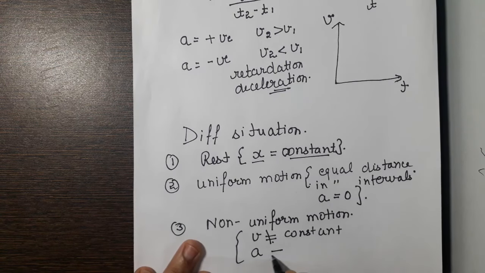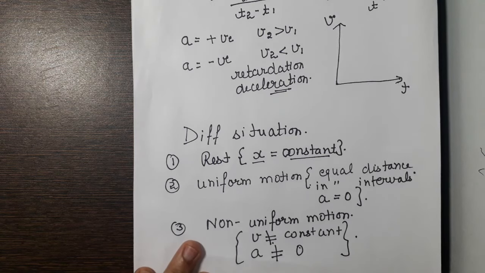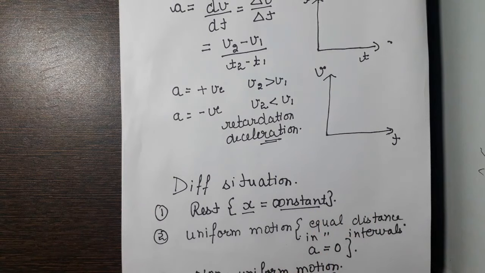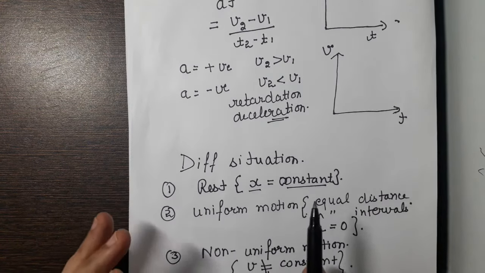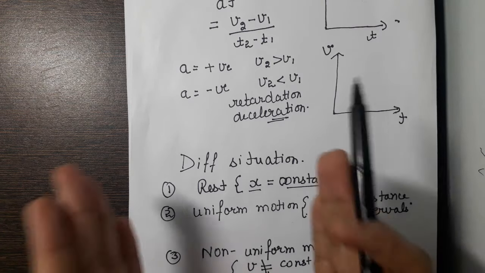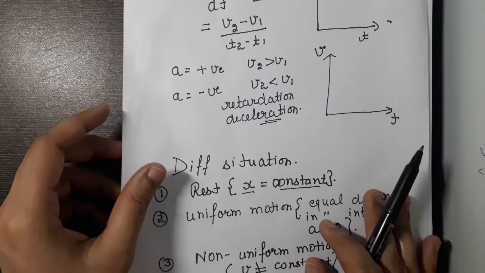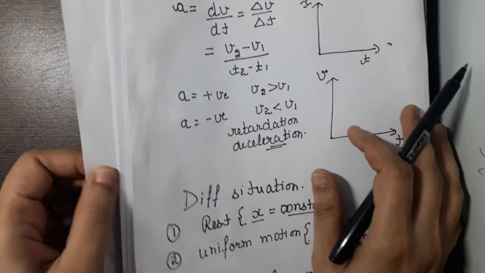So here acceleration will not be equal to 0. These are the important situations for drawing the graph: rest, uniform motion, non-uniform motion, and retardation, deceleration. Now come to the first type of graph, that is position time graph.